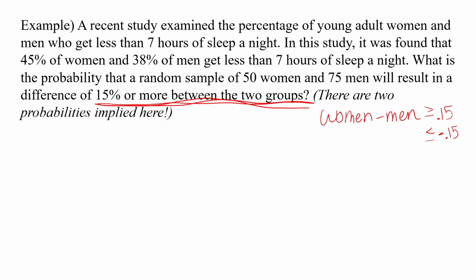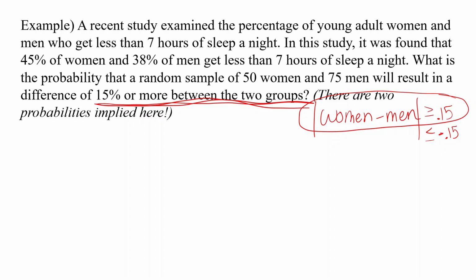So basically, which direction? 15% or more. Almost like the absolute value here. This is probably what I should put: is the absolute value greater than or equal to 0.15? So of course, with an absolute value, we have to set up two inequalities to solve that.